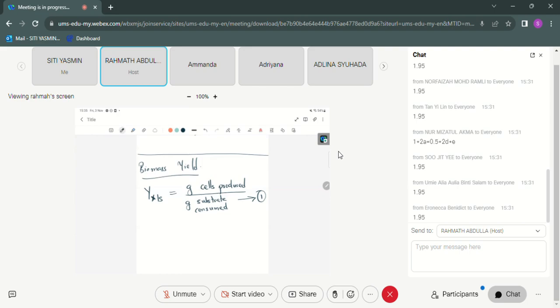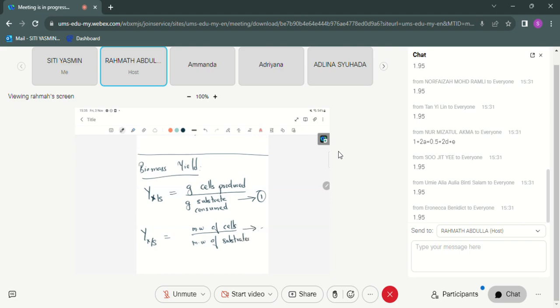Now, the biomass yield can also be calculated in a different way using this equation. It also is denoted by Y X over S, and then it gives molecular weight. MW is molecular weight of cells over molecular weight of substrates.